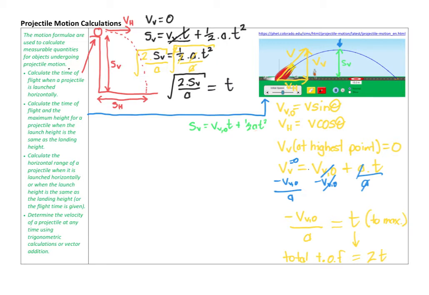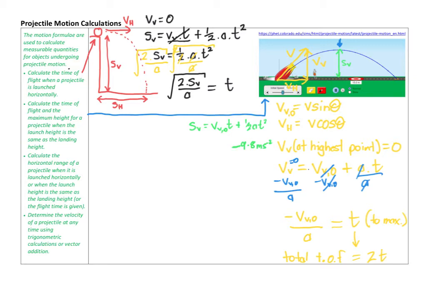We know the acceleration, which is always downwards at 9.8 meters per second squared, and it's in the opposite direction to the velocity.